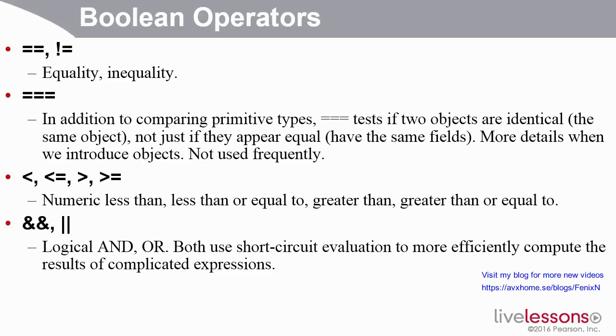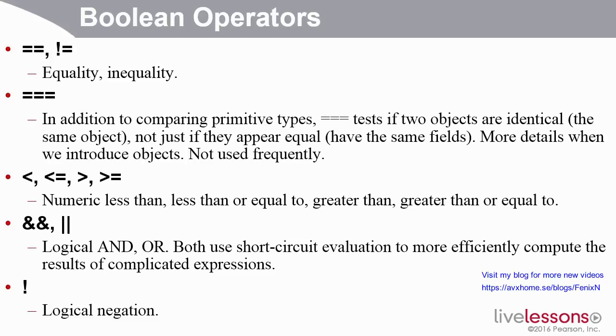So if you say if blah ampersand foo, if blah is false, it never checks foo. If you use an or, then if the first one is true, it knows the whole thing is going to be true, and it never checks the second one. So if you say if A or vertical bar B, if A is true, it never checks B.